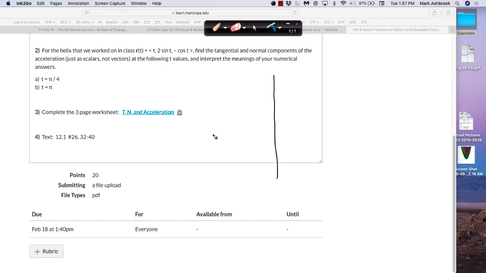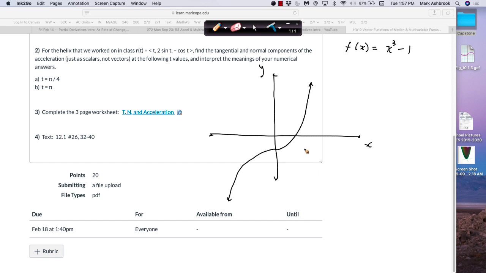Suppose we have this curve in R2. Let's say f of x equals x cubed minus 1. Something like that.